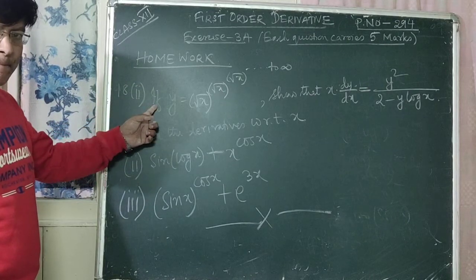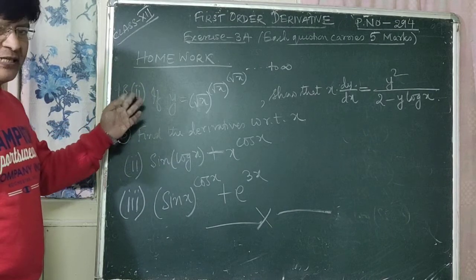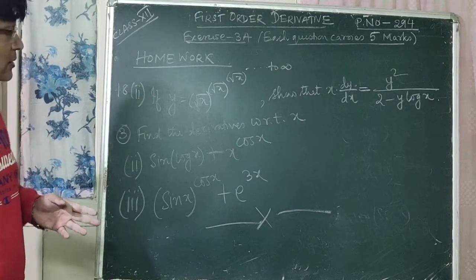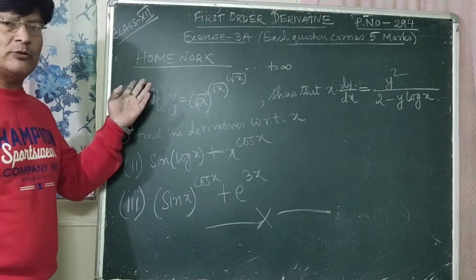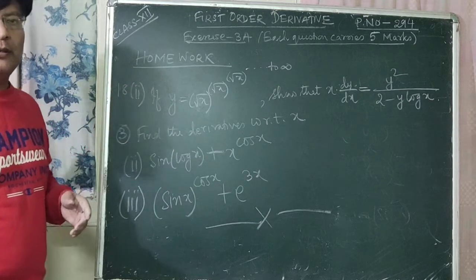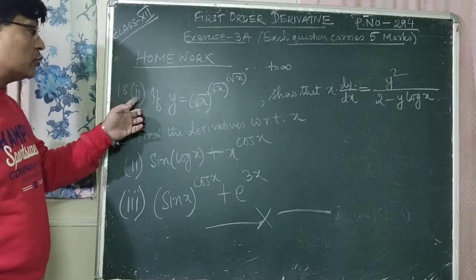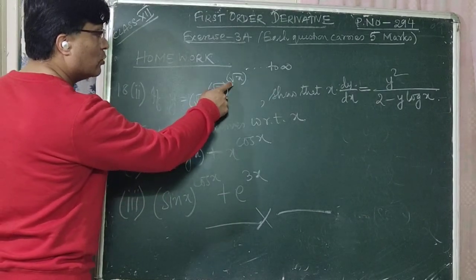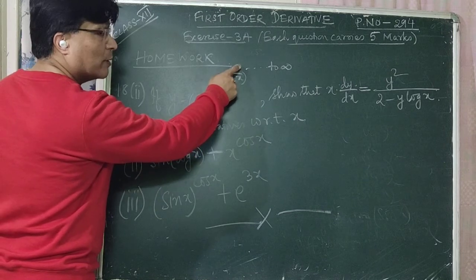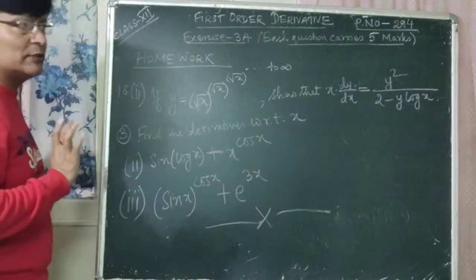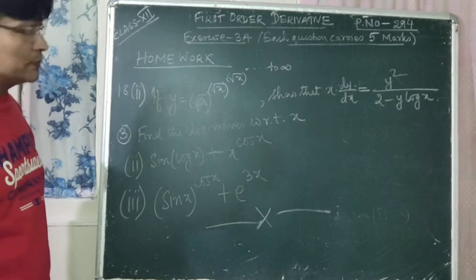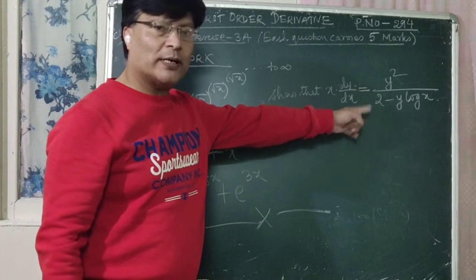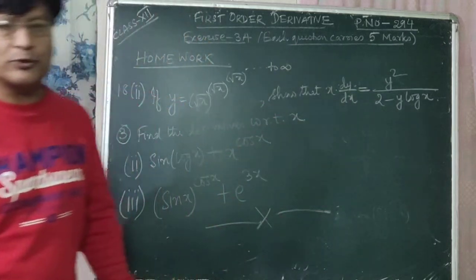It is just like your 18 number 1 and 18 number 3, we just did it, isn't it? So 18 number 2 is similar to 18 number 1 and 18 number 3. 18 number 2 here is: if y is equal to root over x whole to the power root over x whole to the power root over x whole to the power root over x, it goes up to infinity, that means it never ends here, then prove that x dy by dx is equal to y square divided by 2 minus y log x. You have to prove it.